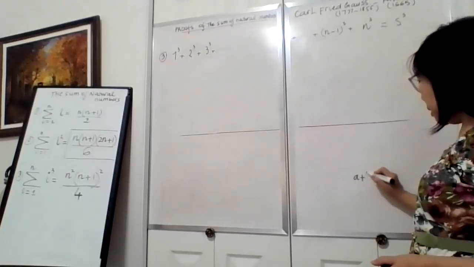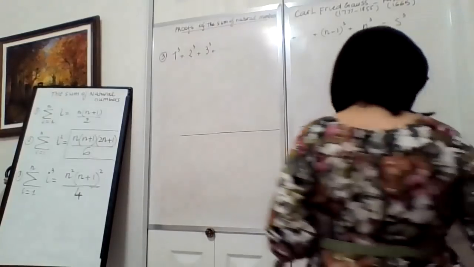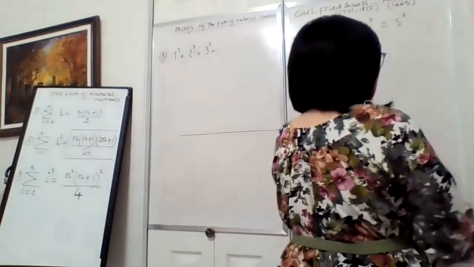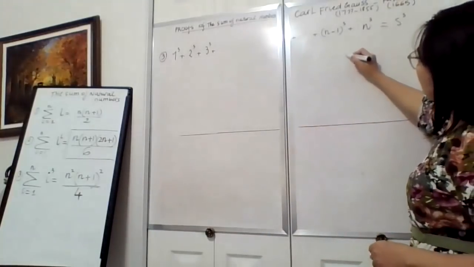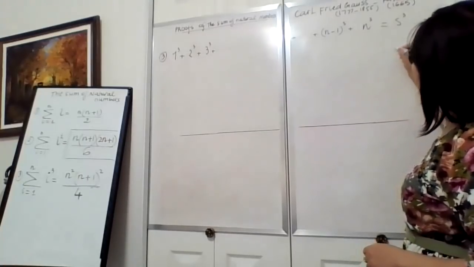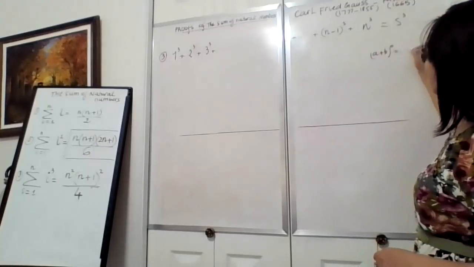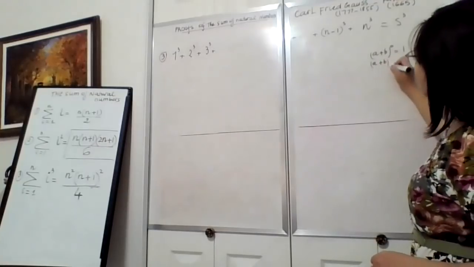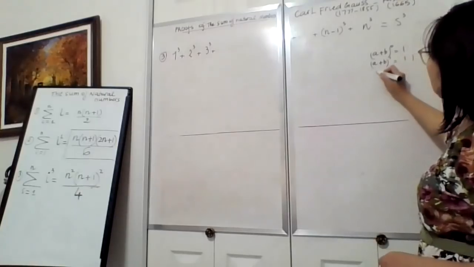So let's say if you have a plus b. Sorry about that, I'm going to write it in a place that does not interfere with us. So let's say if you have a plus b to the power 0, then it equals 1. A plus b to the power 1 will be 1, 1.